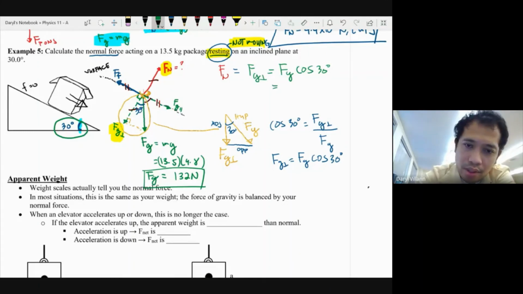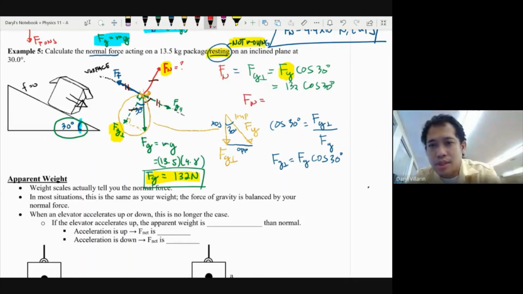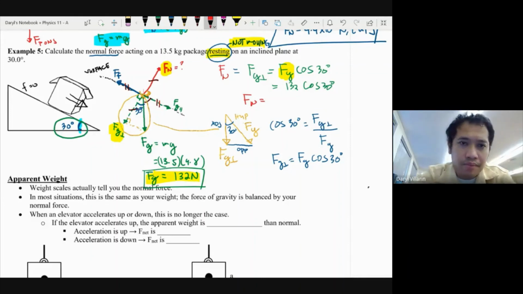We know Fg, so substituting, that's 132 cosine 30 degrees, which is the magnitude of the normal force, equal to 115 newtons.